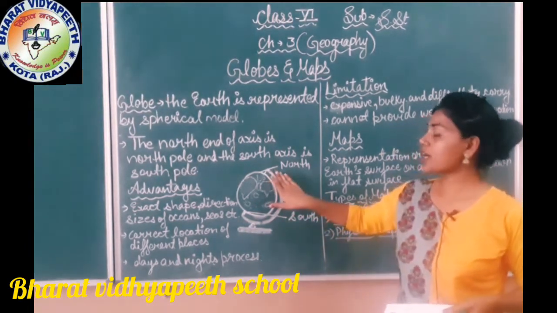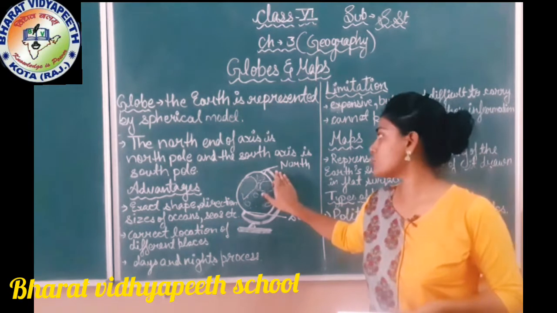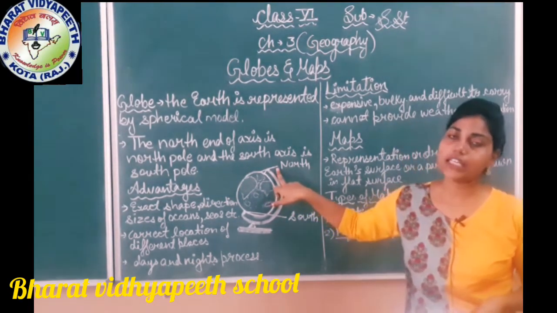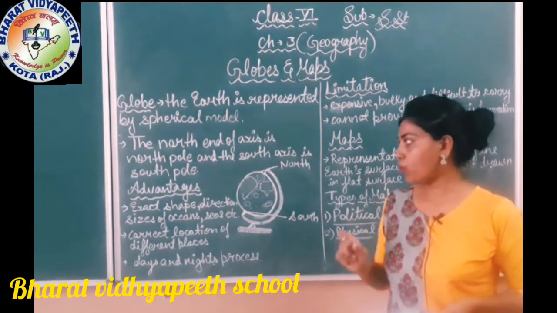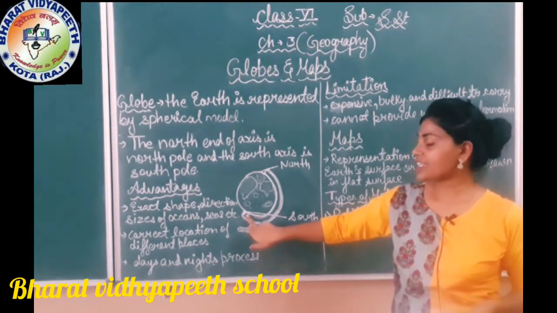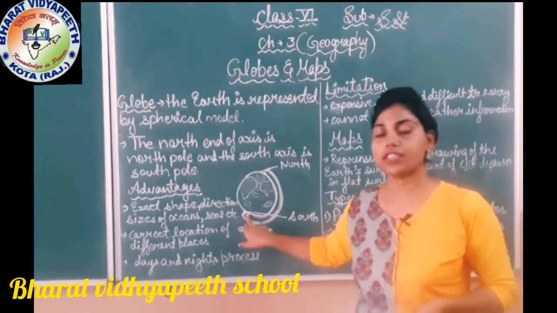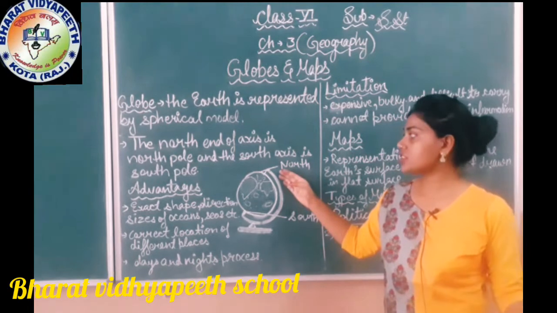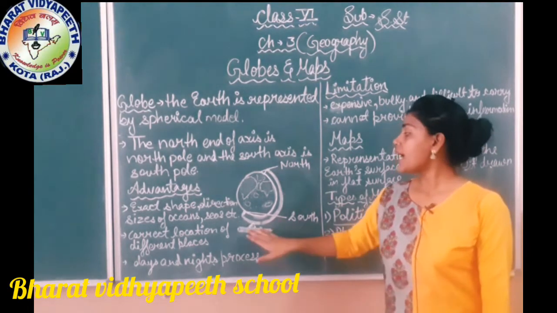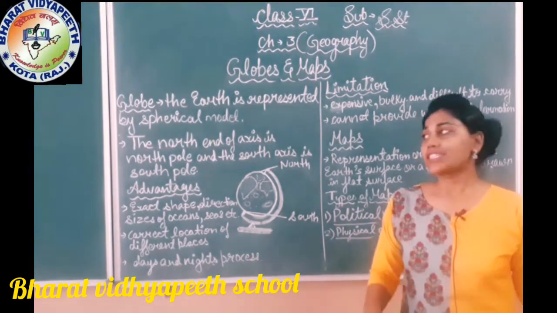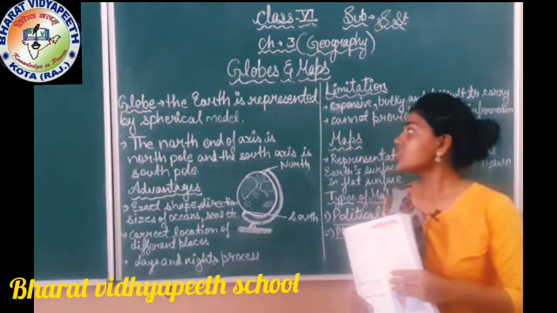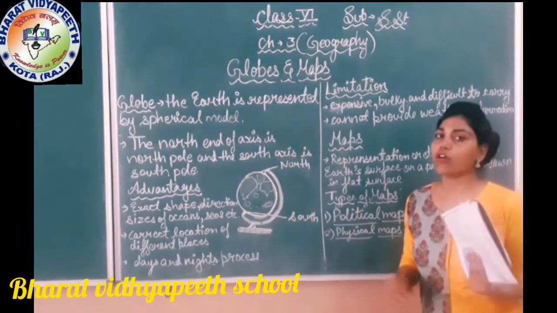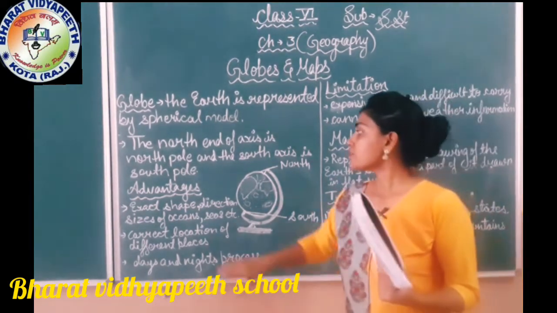The uppermost end of the earth is known as the North Pole, and the lower end, the south axis, is known as the South Pole. These are the two poles of our earth. The North Pole and South Pole also always remain cold.